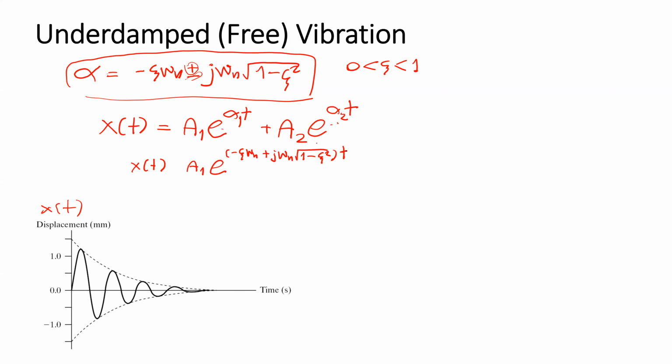And the second part will be a2 multiplied by e to the power of minus psi omega n minus j omega n square root of 1 minus psi square, t.